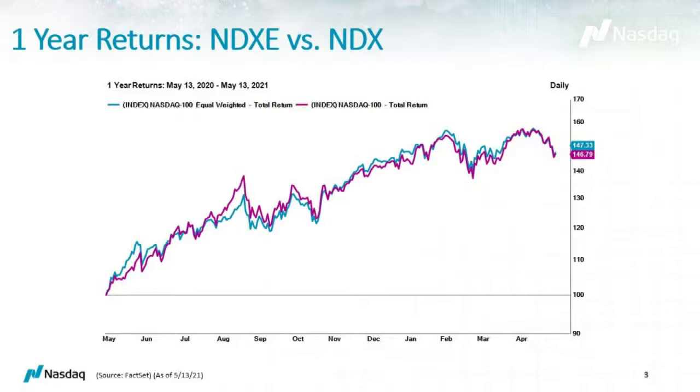But the key is, looking at this chart, you can see that there are some differences. In that growth rally in the summer of 2020, the traditional cap-weighted Nasdaq-100 was outperforming. That's when you really saw those large cap tech names, think Apple, Microsoft, Amazon, perform well. But then we started to see it flip a little bit. We saw the equal-weighted version pick up some steam, especially after the election.